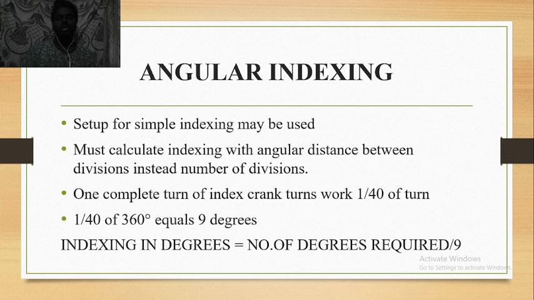So indexing in degrees can be found by the number of degrees required divided by 9. For example, if you need 45 degrees, it is 45 divided by 9. This is how indexing in degrees is found in angular indexing.